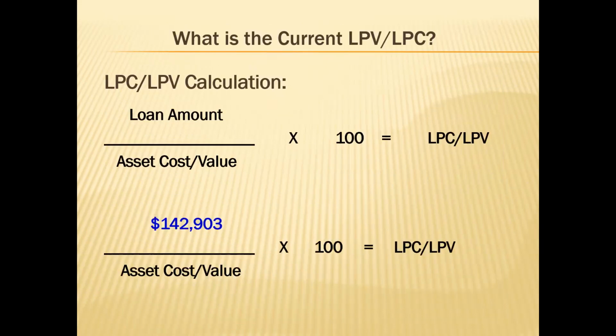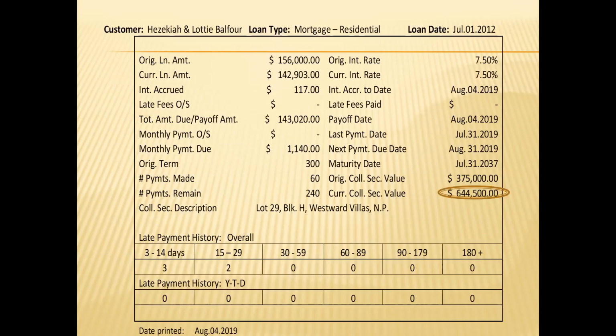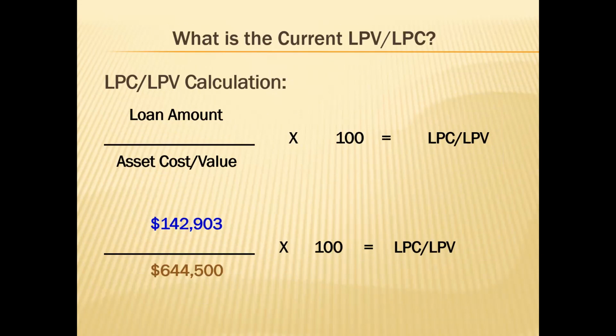So that's our numerator. What about our denominator? Divided by 644,500. We get that from our mortgage statement again, at the bottom right. So we divide 142,903 by 644,500, multiply by 100, and that will give us 22.17, or 22.2, or 22%. Okay.